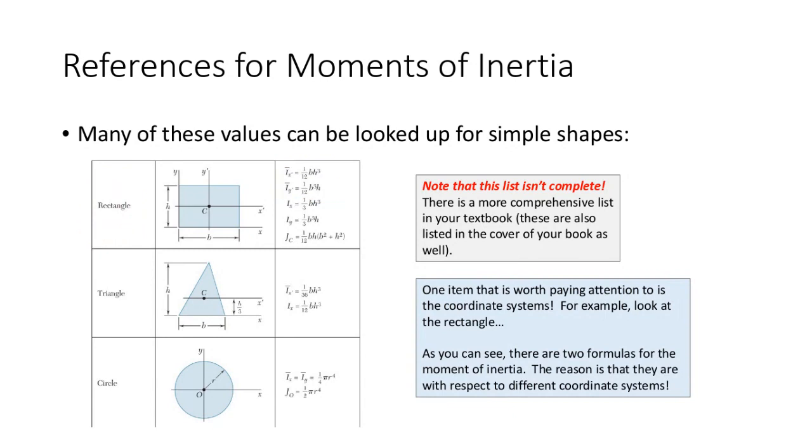But if you also look, you can see there are actually two sets of formulas listed. There's one with respect to the centroid, and then there's another set of formulas with respect to the corner. If you look at the image here, you can see what I'm talking about with respect to your coordinate axis. You can see this coordinate system here, this one's at the origin.